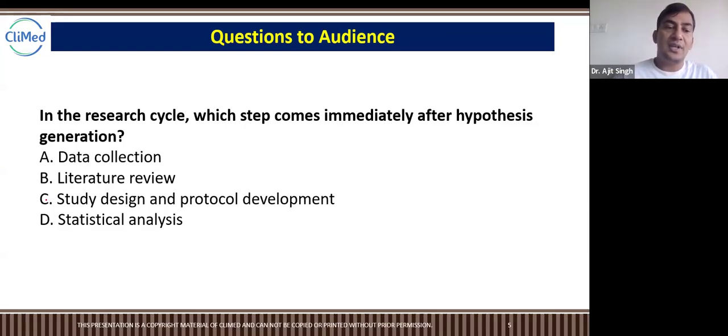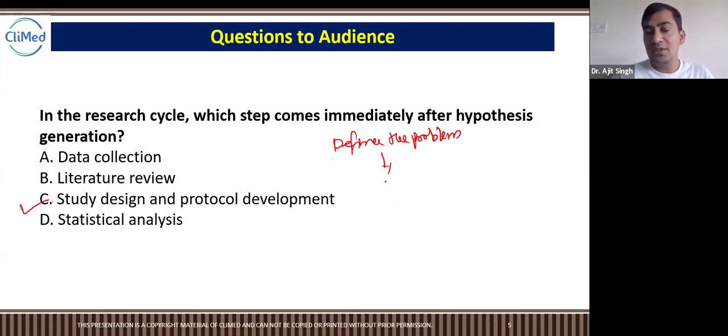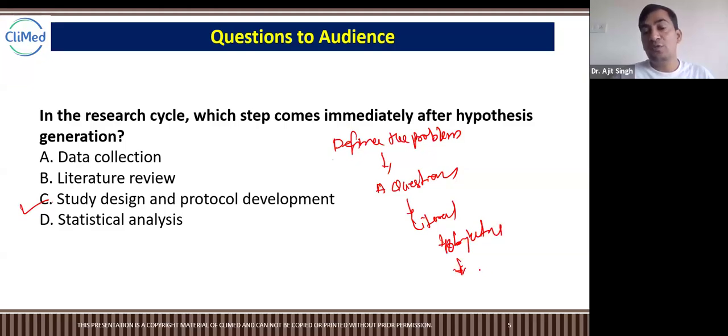Do you know that? I have told you in the previous classes also, guys. So it starts with defining the question, defining the problem. Remember this. I'm telling you again, define the problem. Then what do you have to do? You can frame a question based on the literature search, then objectives. Based on objectives, you will find out the hypothesis.